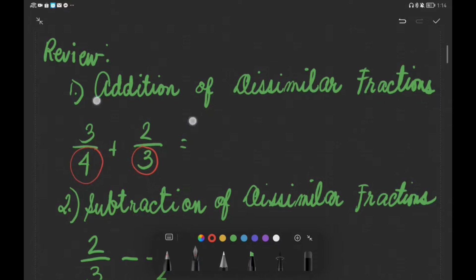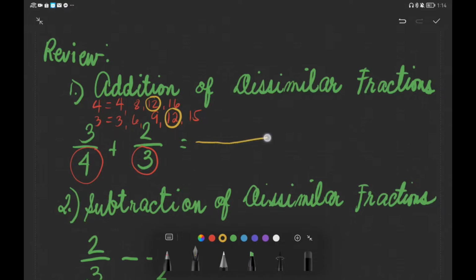The multiples of 4 are 4, 8, 12, 16. For 3, we have 3, 6, 9, 12, 15. From the multiples, we can see that the common multiple of 4 and 3 is 12. Common sa ilaha si 12.